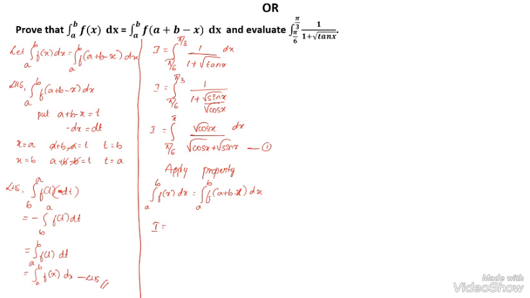The limits are the same, pi by 6 to pi by 3. Now I take the property here, root of cos x, root of cos x.